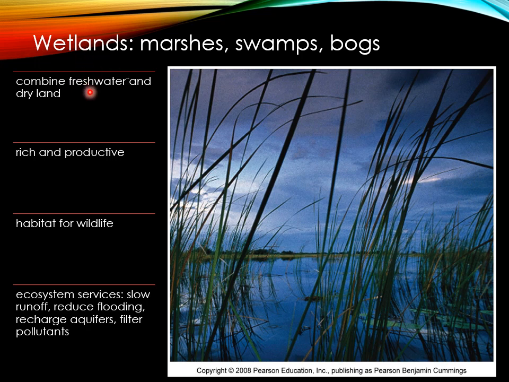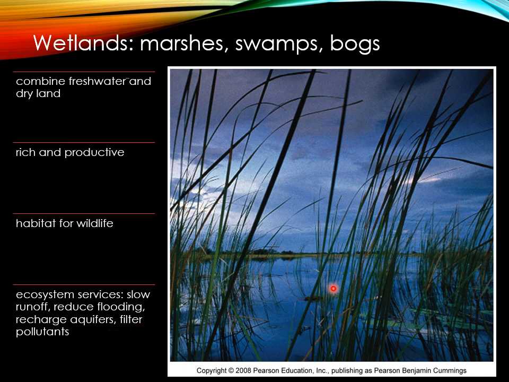So any of these areas combine fresh water and dry land. They're rich and productive areas, and they provide habitat for a lot of wildlife. They provide things for migrating birds, for example. They're nurseries for a lot of fish and animals. And so all of these ecosystem services are provided by wetlands. They can slow runoff and reduce flooding.